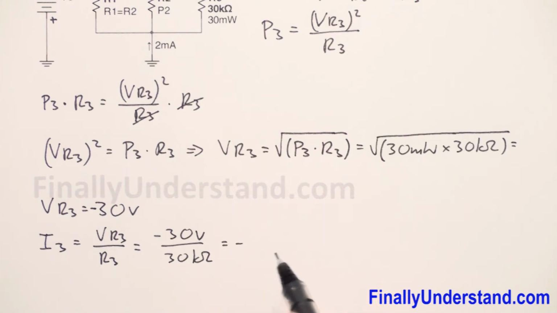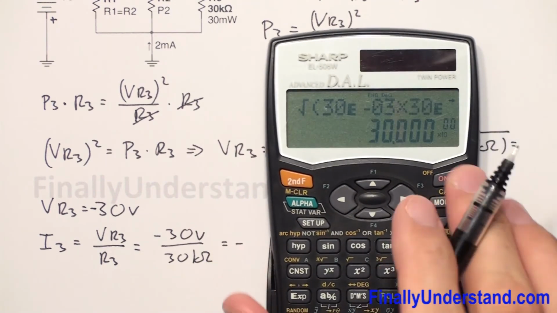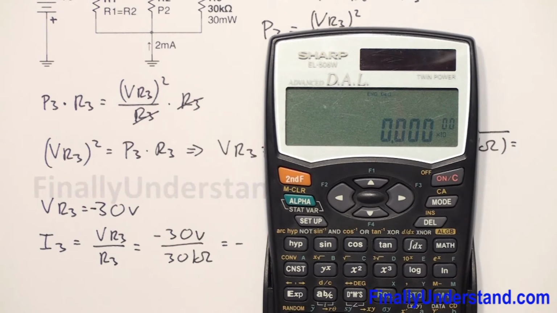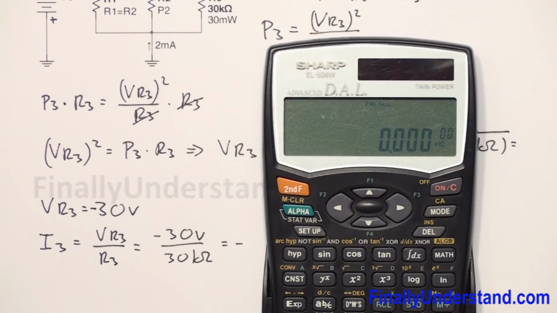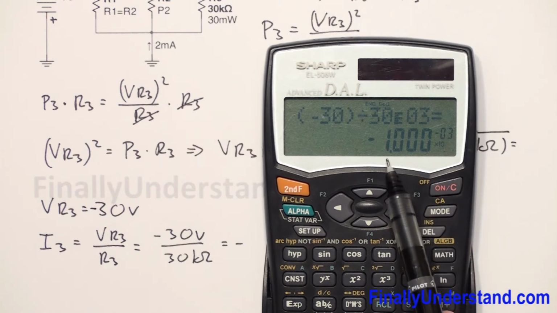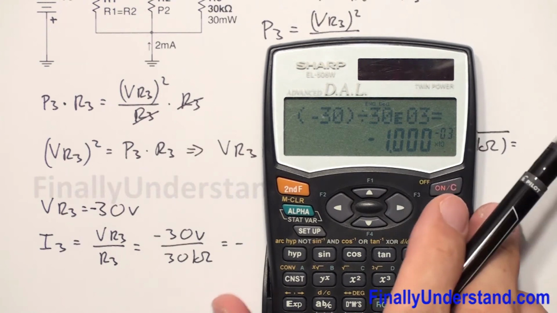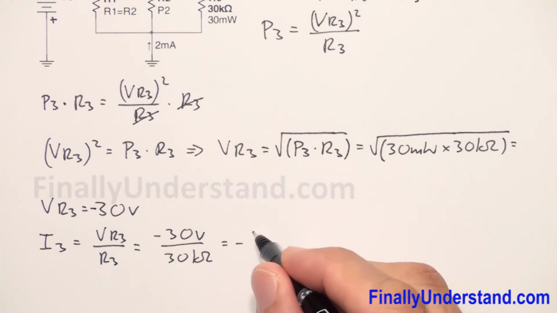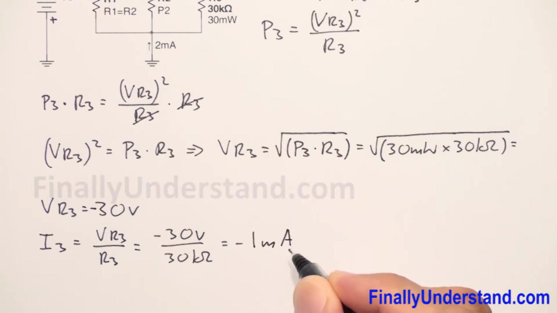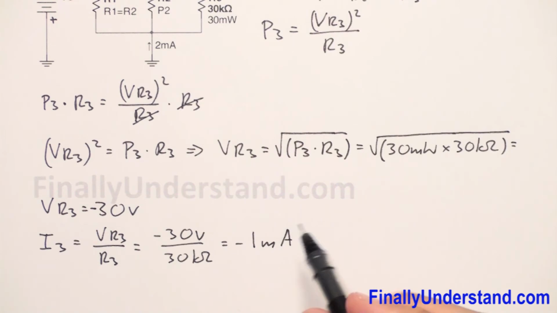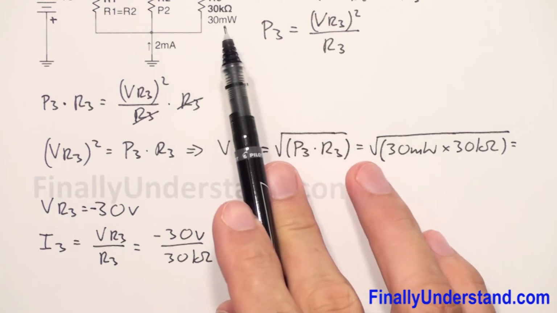This is a very simple thing to calculate, but let's practice the calculator. So I have negative 30 divided by 30 exponent 3. Okay, so this is negative 1 milliamp. So this is the current which will flow through the resistor R3.